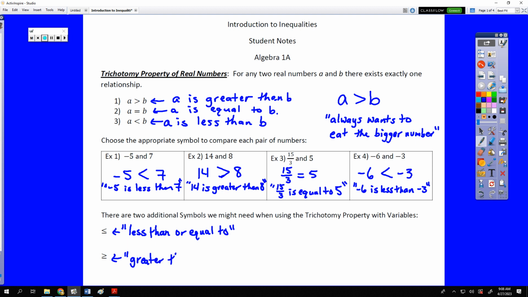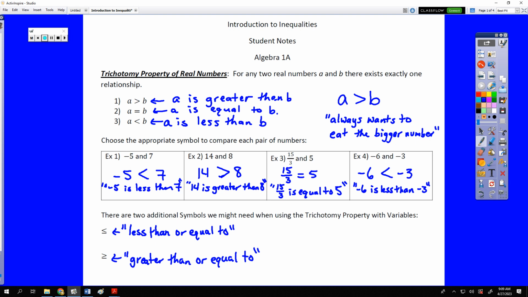Because when we do not know the actual value of a number, when we're dealing with a variable, it is technically possible that we would have to consider 2 out of our 3 possible states. So that means there's a total of 5 symbols we might need to use when we're solving something in algebra.